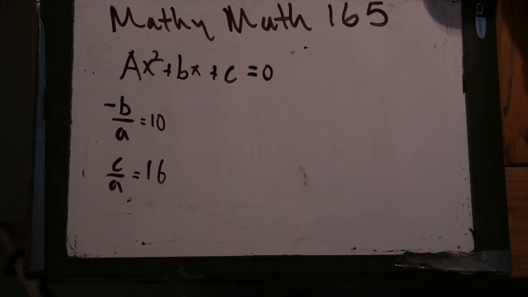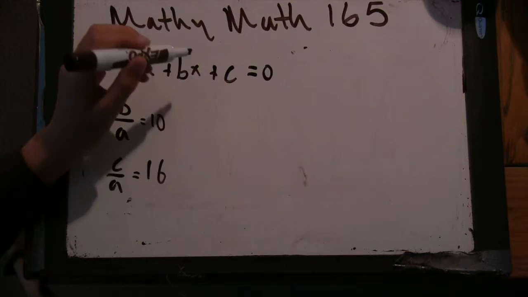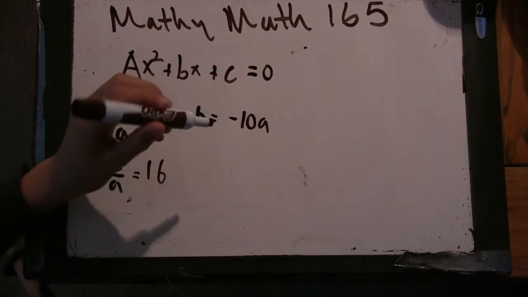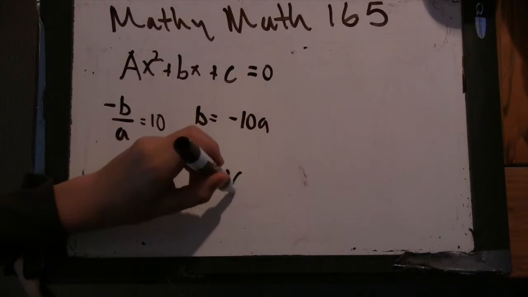So what can we do here? Well, this says that b is minus 10a and c is 16a.